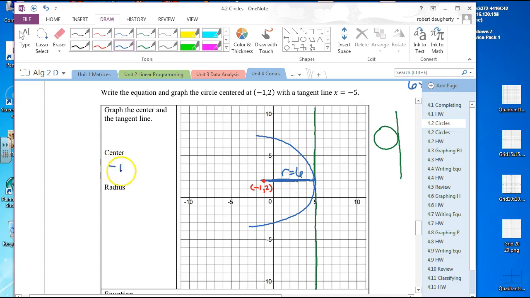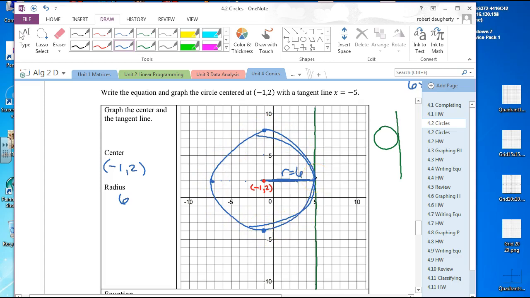The center is negative 1, 2. The radius is 6. So let's see if I draw this, 1, 2, 3, 4, 5, 6. A better circle. So this is a better drawing here.